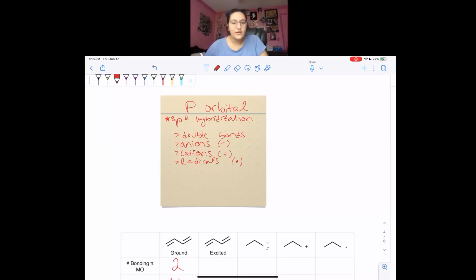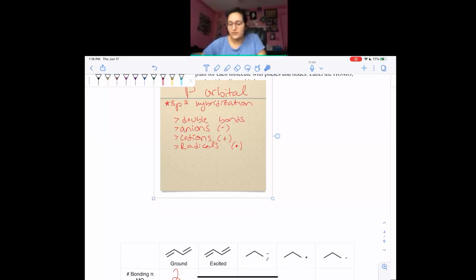So all of those are going to have p orbitals. So it's not like every carbon ever, but every carbon that has a double bond, an anion, a cation, or a radical. So if you want a screenshot, write this down, whatever.